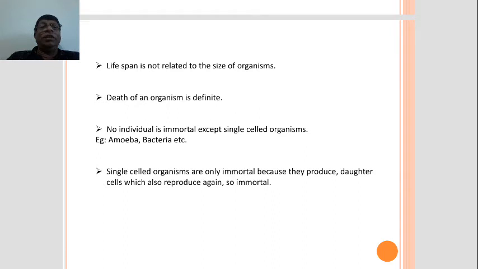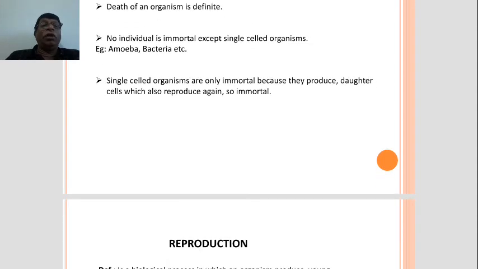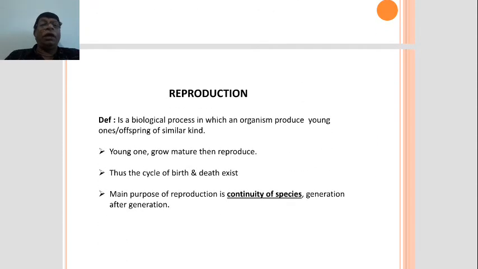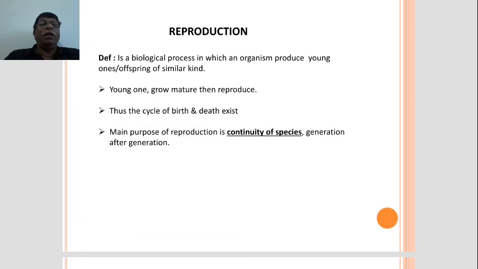So it goes on, dividing. There is no death. That's why called immortal. Single-celled organisms are immortal. Okay. So next.